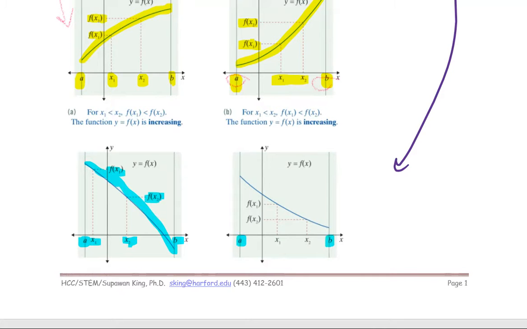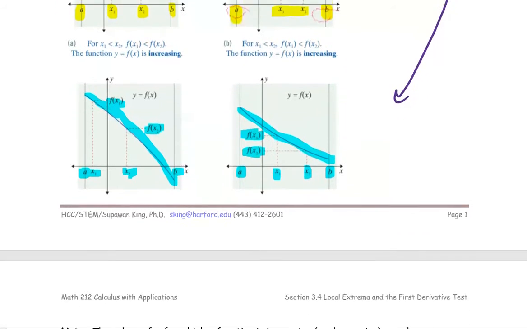On the open interval (a,b), x1 less than x2, the function value of x1 is higher than the function value of x2. The graph of the function f of x is decreasing for this interval (a,b).